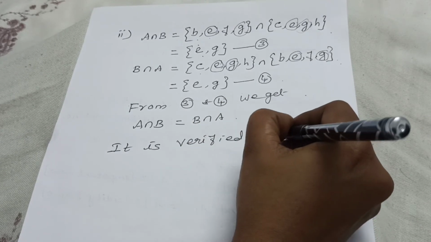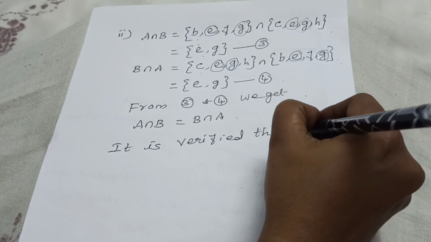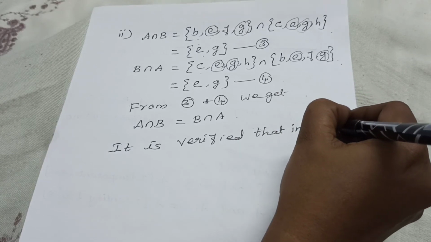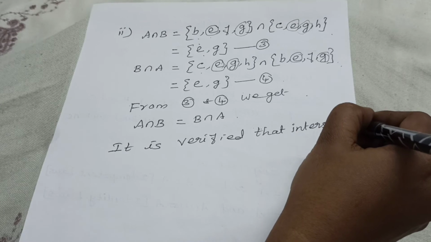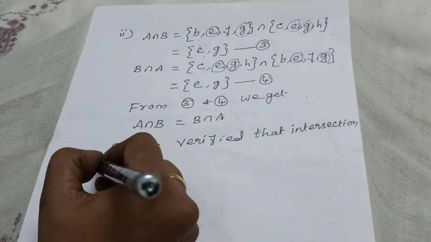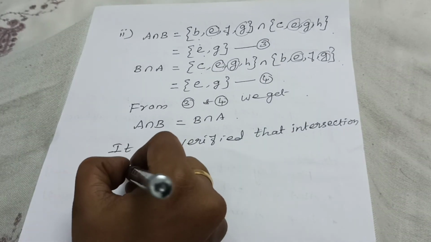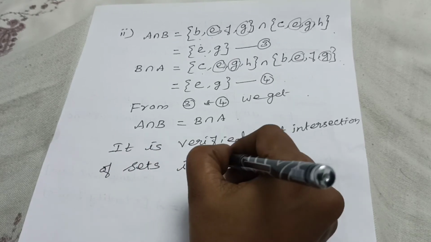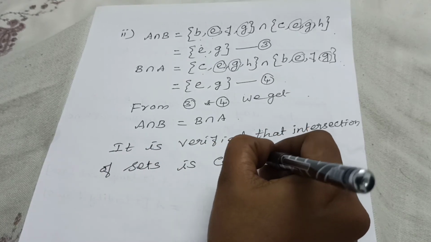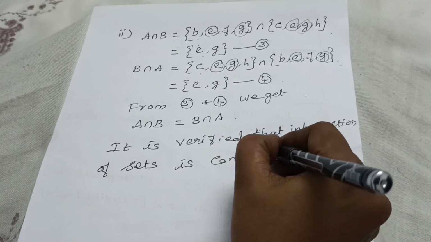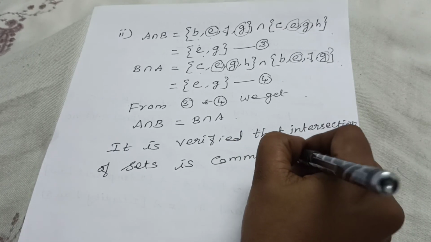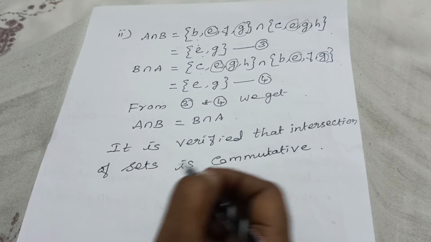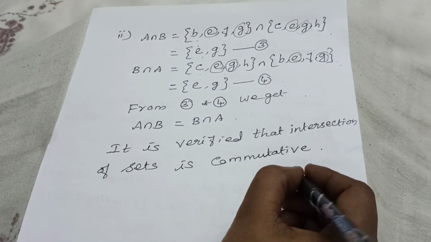Verified that intersection of sets is commutative. Have you understood?